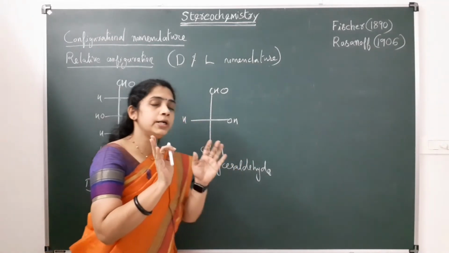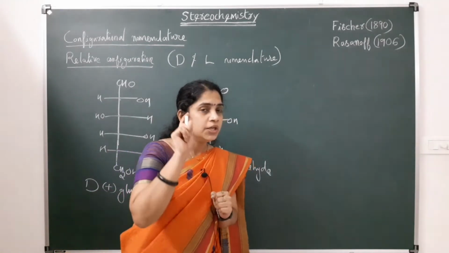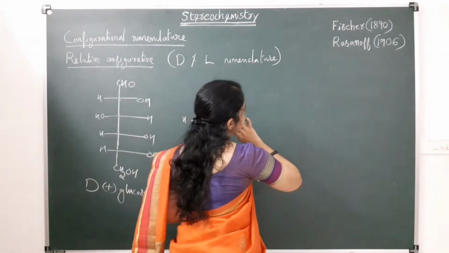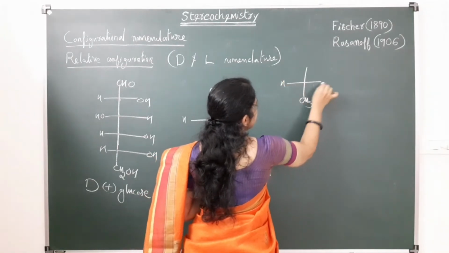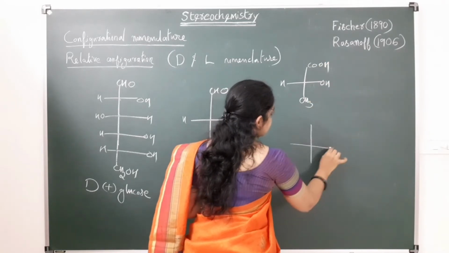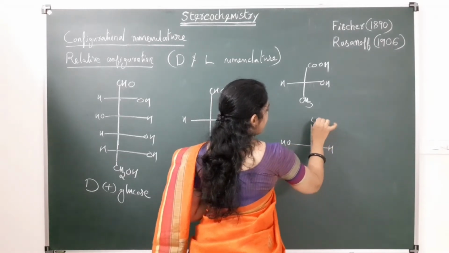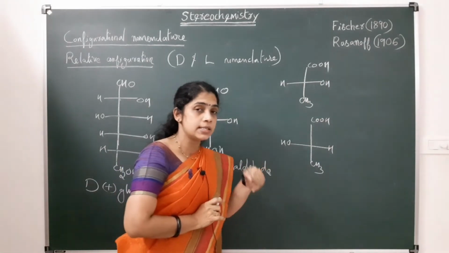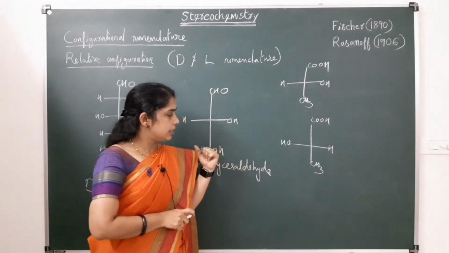But there is a limitation. If we take the case of lactic acid, CH3, CHOH, COOH, there are plus lactic acid and minus lactic acid, which are enantiomers.